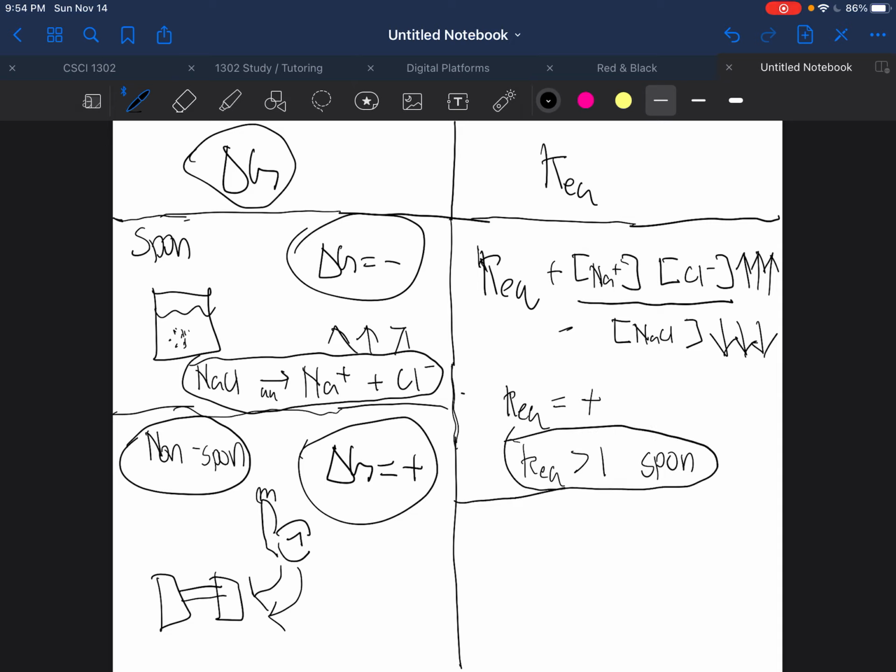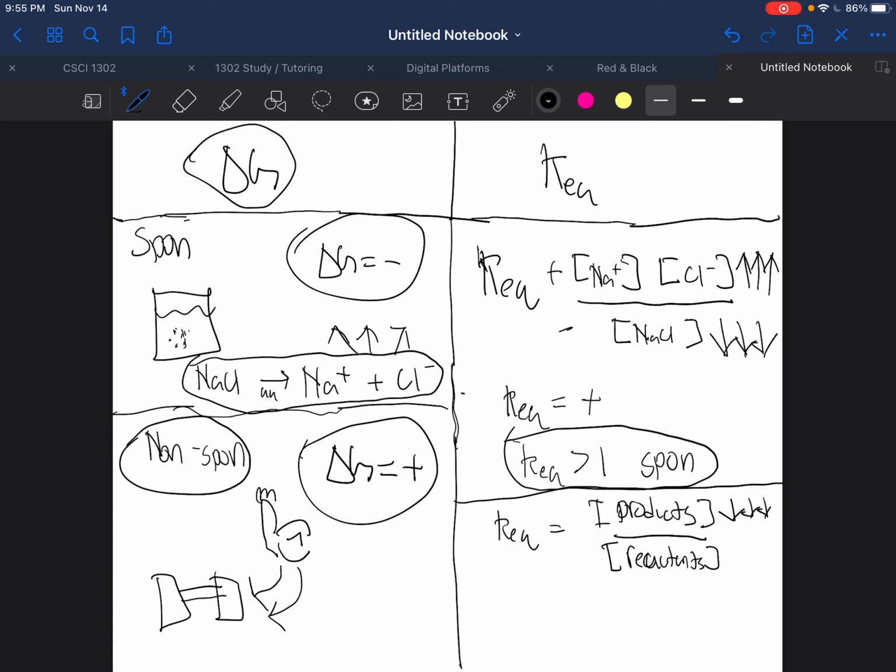And we can also examine the inverse relationship in a non-spontaneous reaction, where KEQ equals products over reactants. We said that a non-spontaneous reaction is unlikely to happen in normal conditions. So there will not be a lot of products.